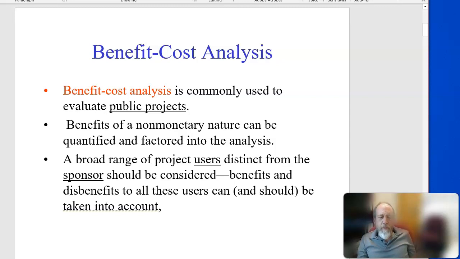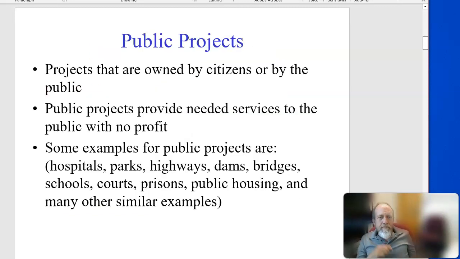What kind of projects are you talking about? Bridges, waterworks, dams, all these things that are probably good projects, owned by the citizens or the public. These are fairly common types of projects that will be done with benefit cost analysis. Probably there will not be a profit portion of the project, even though that doesn't mean that there won't be.